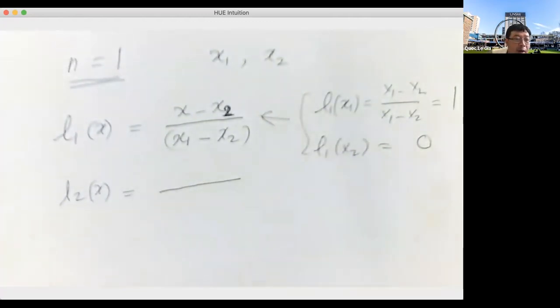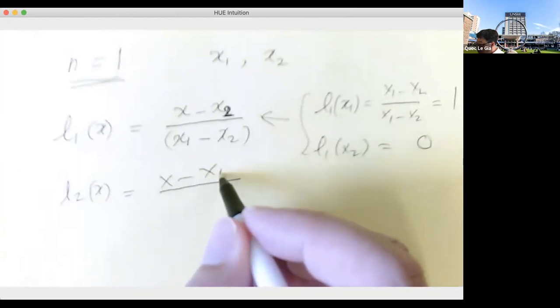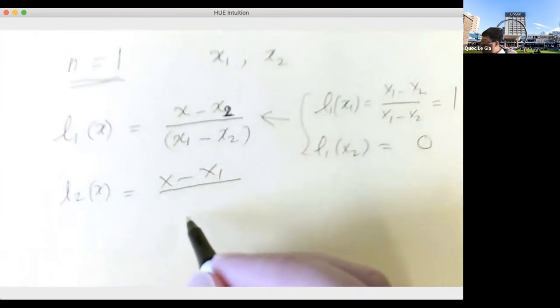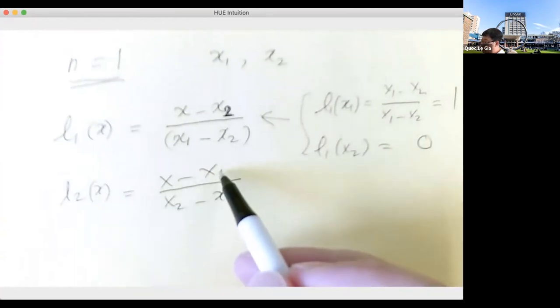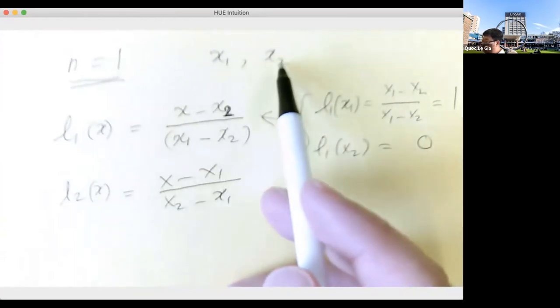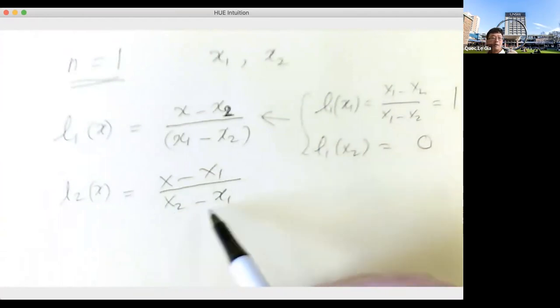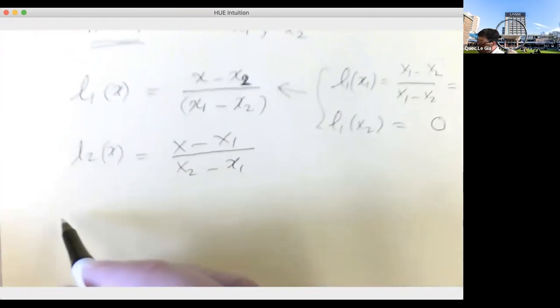Okay, somebody said it: x minus x1 over x2 minus x1. Yes, correct. So x minus everything except the second point, over the second point minus x1. So now you take L1 plus L2.